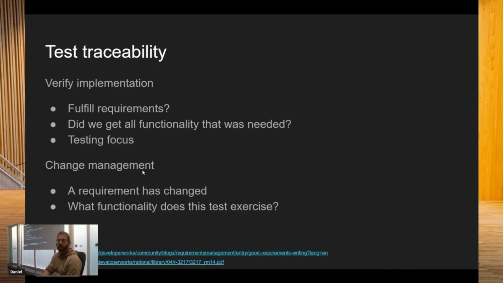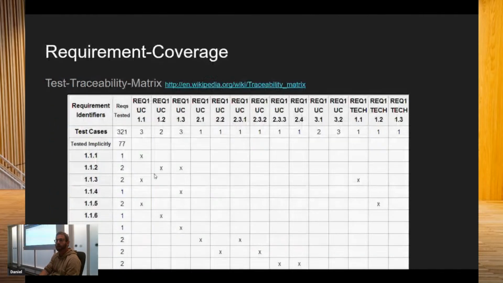This is interesting, I think, for change management. Let's imagine that we change a requirement, which is quite frequent, or I remove a requirement. I also want to know which tests I can remove. So let's imagine that this specific requirement 1, use case scenario 1.1, is removed.